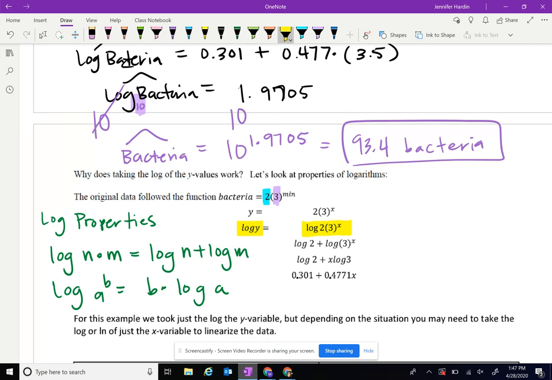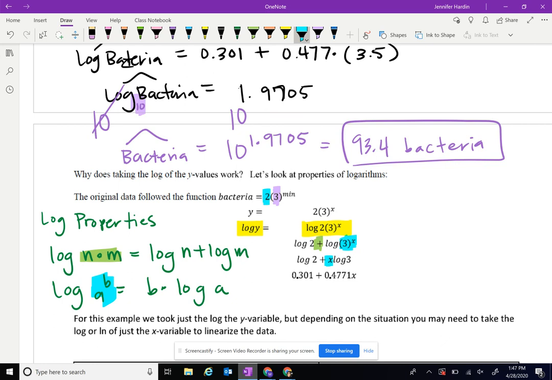When they're multiplying two things inside, if you expand that, it would be the log of 2 plus the log of 3 to the x power. And with that exponent, when you expand it, it drops down in front of that log and shows us x times log of 3.